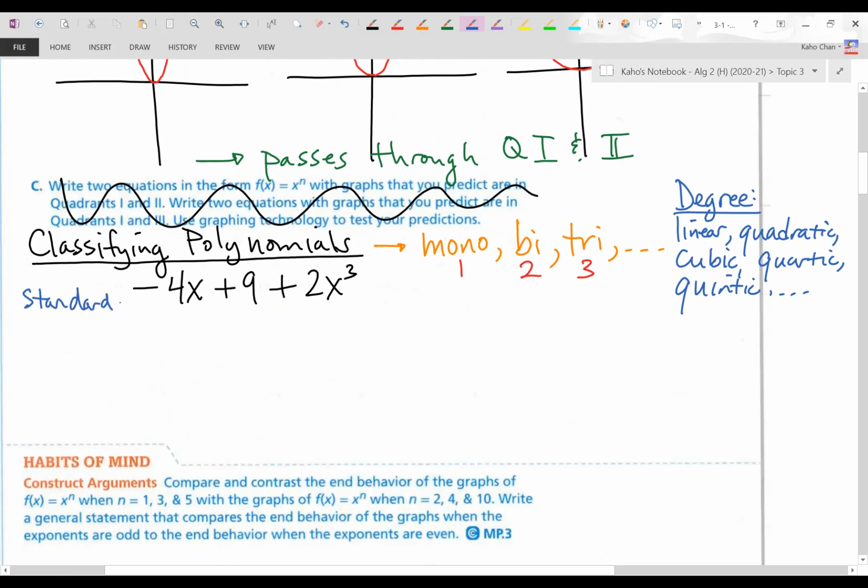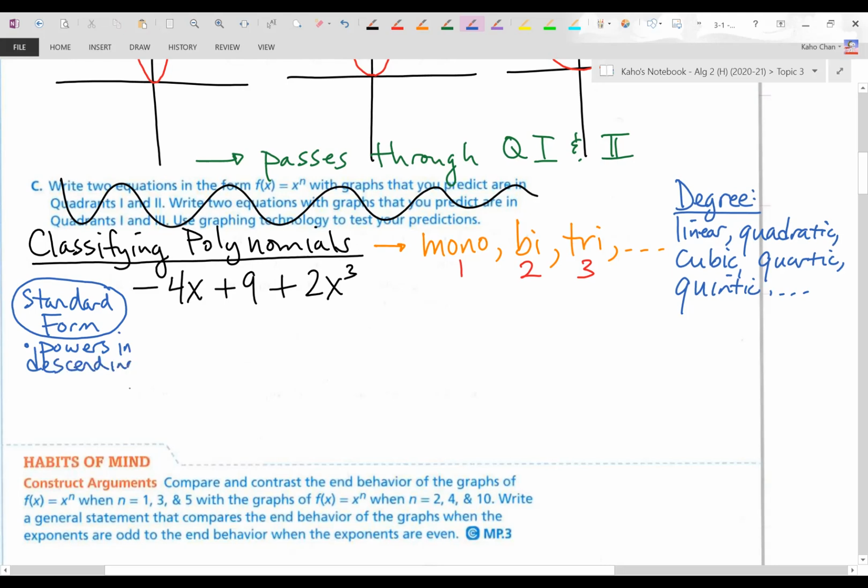They don't come in standard form sometimes. Standard form is where you take each of the terms of a polynomial and rearrange it so the powers are in descending order. Descending means going down.